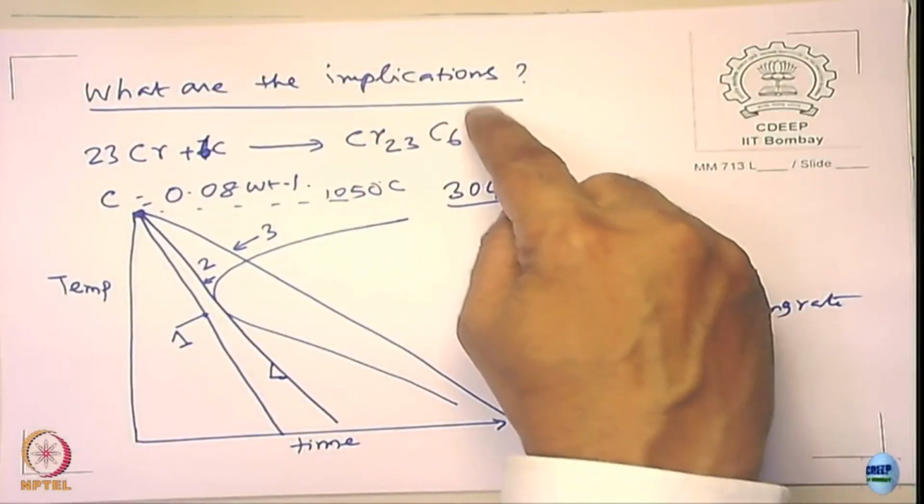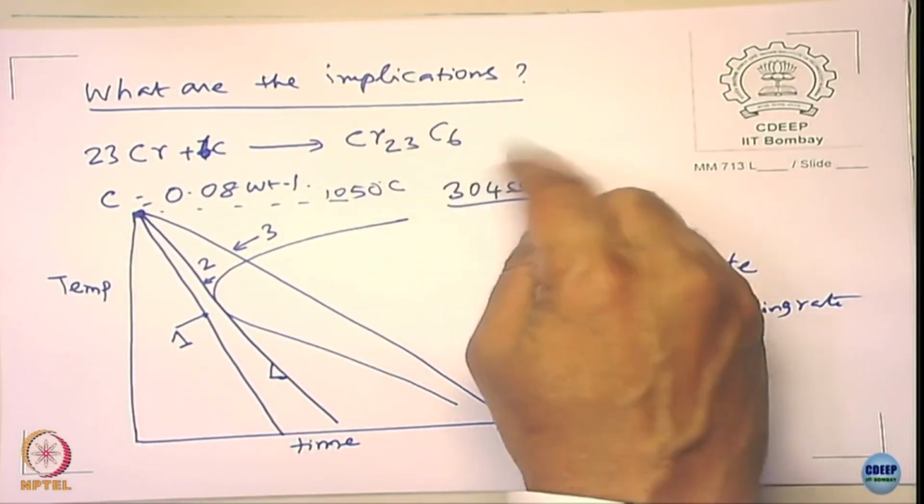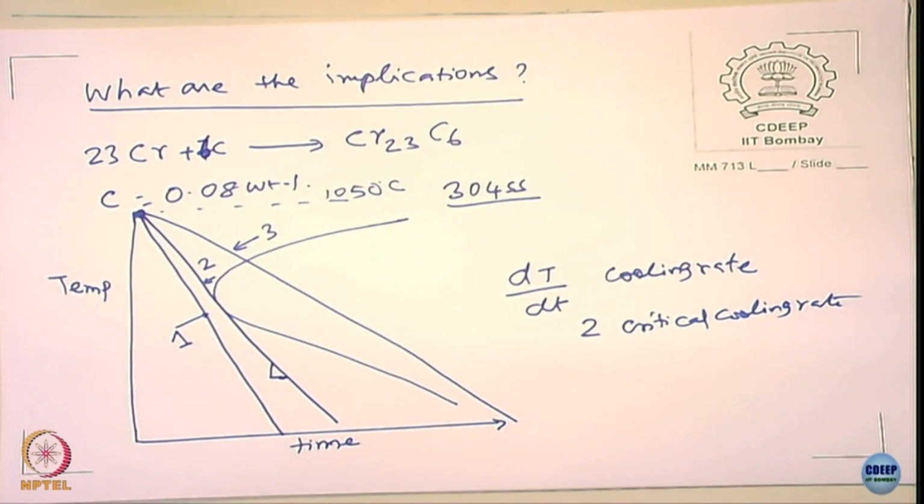Now, how does the carbon come out? Carbon does not come out as carbon, it comes out as chromium carbide precipitate, because the free energy change for that is going to be very negative. Now, if you cool it very fast, then what happens?